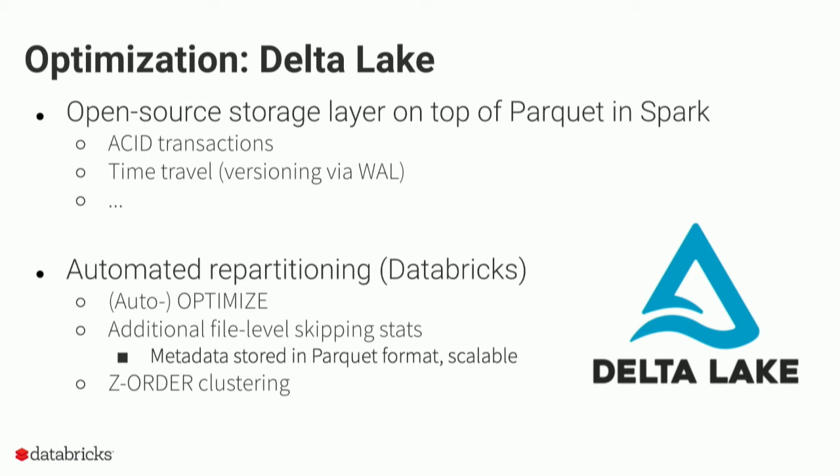And then we can do skipping based on the min-max of entire files, in addition to the row group skipping that's already there. And the cool thing about this is that these commits are stored in JSON files, but every 10 commits we create a Parquet file that stores the information in those 10 commits, which means we can read in this metadata using Spark, which means that it can grow very big and still be scalable.